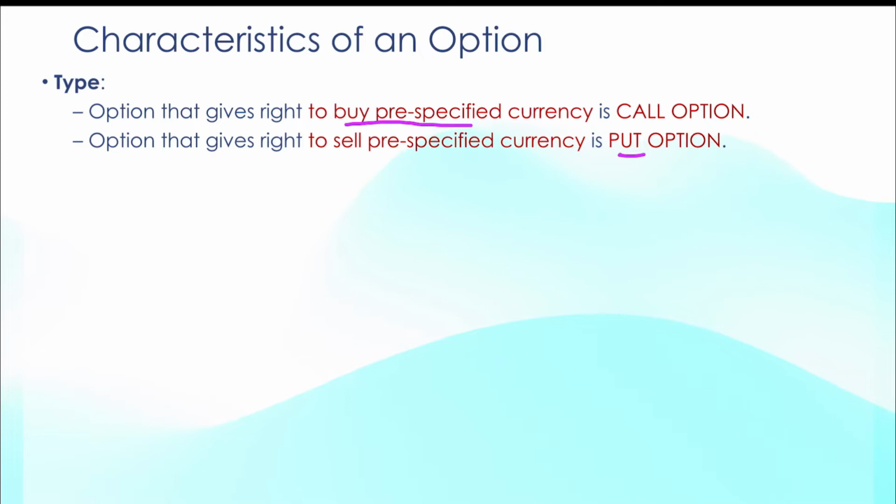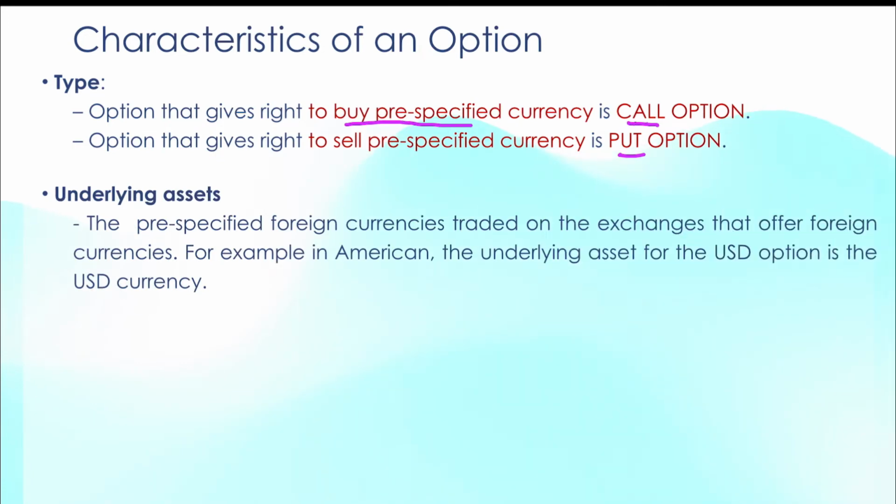To buy, we call it a call option, and to sell the pre-specified currency is called a put option. For the underlying asset, these are pre-specified foreign currencies traded on the exchange that offers foreign currency. So the asset is the pre-specified foreign currencies traded on the exchange.